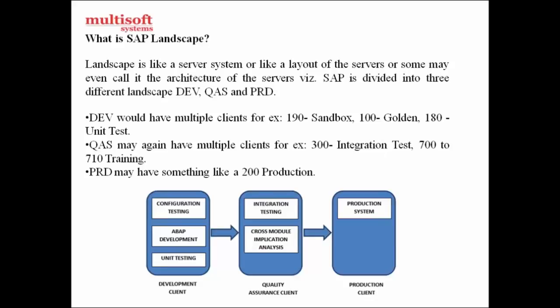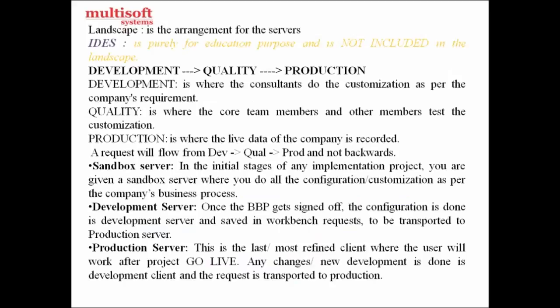Got you. When you have confirmed that everything is fine and we need to transport this from development to the quality server, we need to confirm that everything is working. So we will transfer all the data and all the configurations from development to quality.